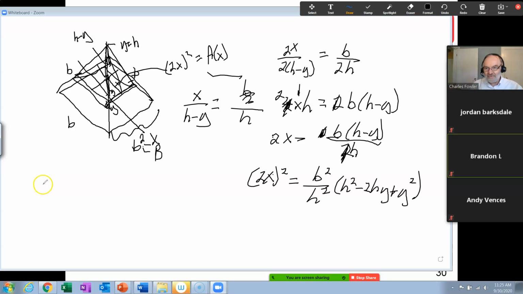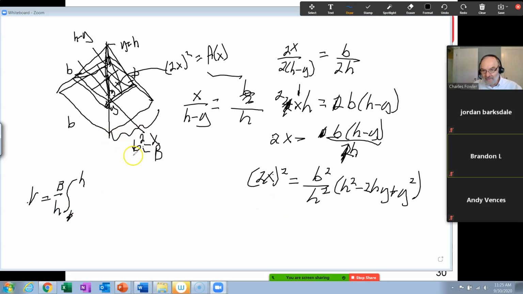So what we're going to do now is the total volume is going to be the integral from 0 to h of, and this b and h are all fixed here, so that's going, and by the way, that b squared is your capital B. So let's just replace that with capital B here over h, right?